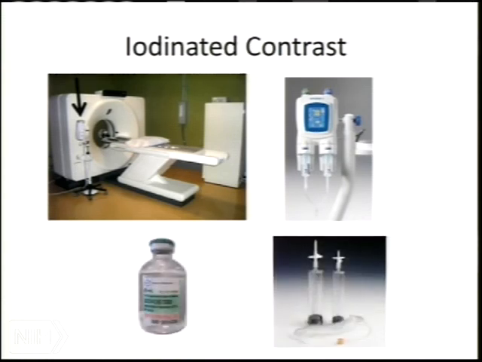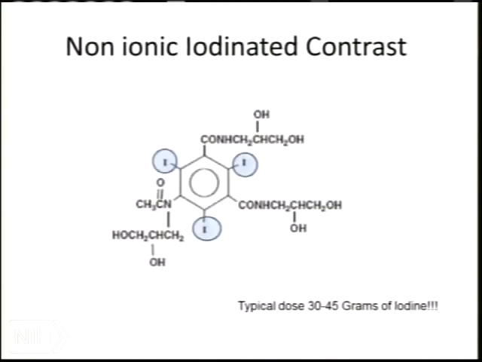Now, the contrast itself, there are various manufacturers. This is just one that we use, and they're called non-ionic contrast agents. In the old days, there would be burning and feelings of heat, but that's much, much less now with these modern non-ionic iodinated contrasts. As an example, this is IsoView.